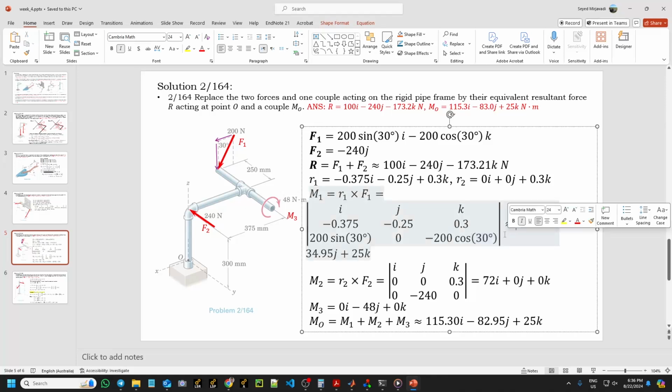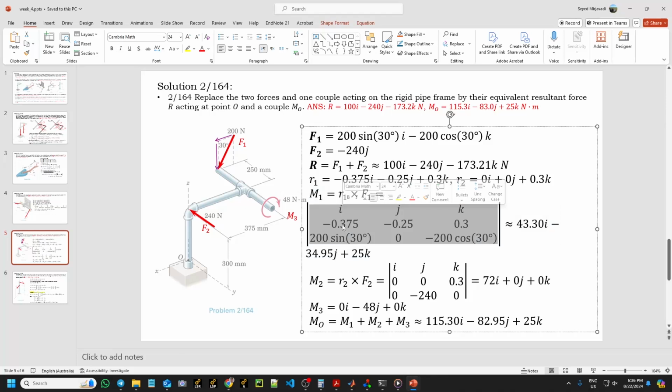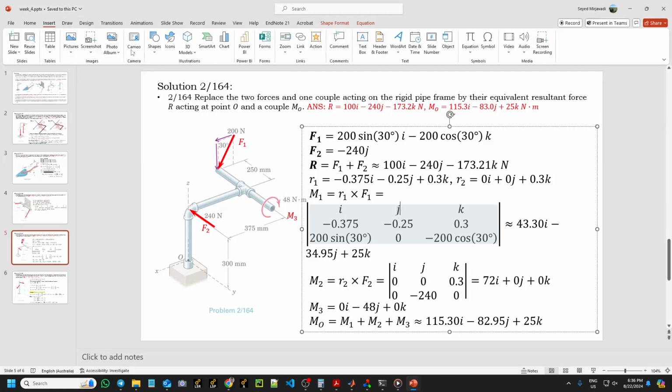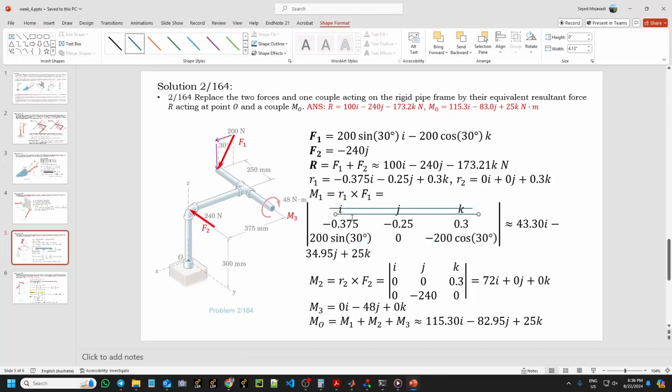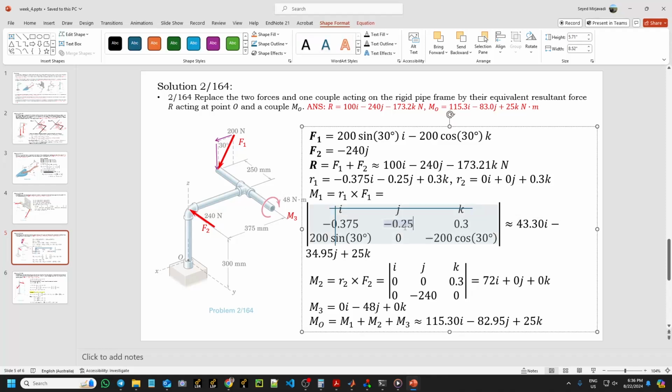Remember, for I, in the exam you will just use your hand, hide the first column and the first row, and you obtain the determinant of this 2 by 2, which is negative 0.25 times this, minus 0 times 0.3, which is 0.